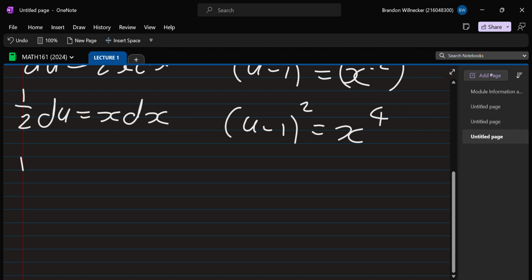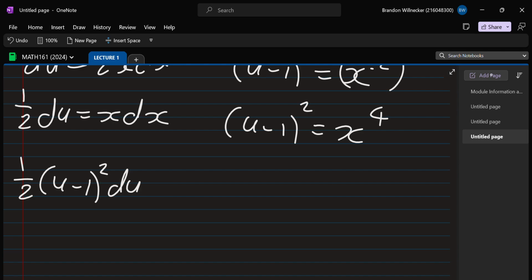Okay, so let's do that. On the left-hand side there, we're going to multiply by u minus 1 squared, which is just another way of writing x to the 4. They're equal. But now on the right-hand side, we're going to multiply by x to the 4. We already have an x there, so it will be x to the 5.